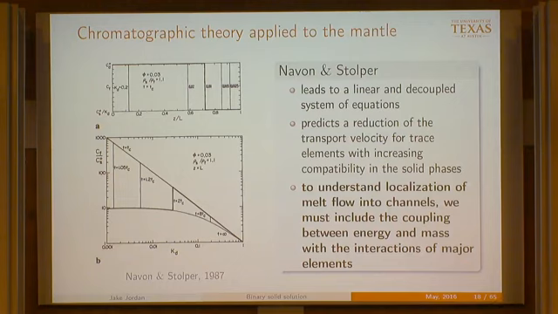Let the tracer, let's say, flow on this one-to-one line. But with increasing compatibility, you leave things more and more behind in the solid. So this is sort of a frontal depiction of that, right? Something that's really compatible gets left behind, while things that are less and less compatible flow through the box further. But thinking about this in terms of trace elements leads to a decoupled system of linear equations.